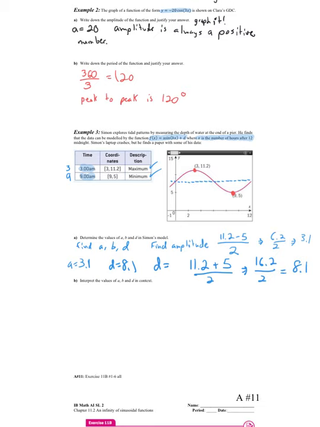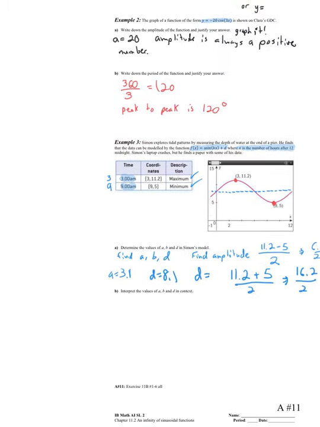Good job, Chloe. So yeah, maximum to maximum would be the full period. Maximum to minimum is just half. So I'm going from 9 to 3. That distance is 6. So 6 is half of a period. So the full period is 12. Logically, we have to think about it that way. Full period is 12.